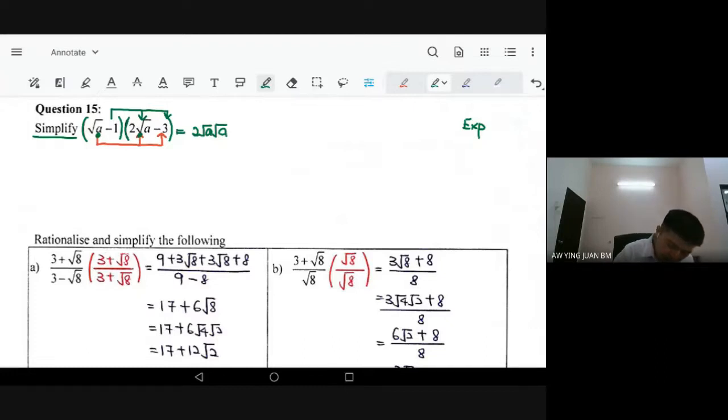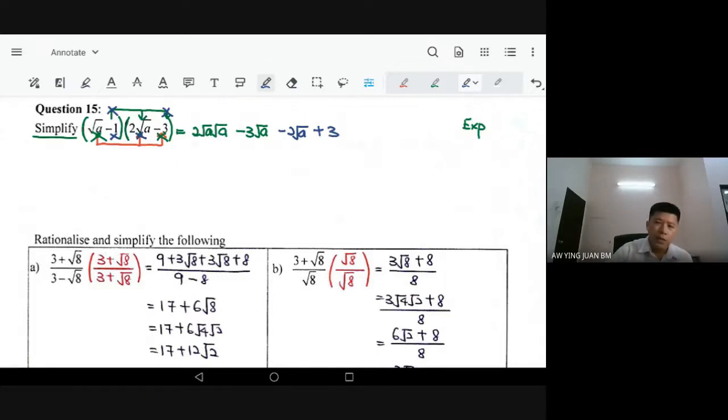Continue. We have negative 3 multiply with the square root of A. Then we have this one and this one. So we will have negative 2 square root of A. Finally, this one and this one. So we will have positive 3. Okay or not?